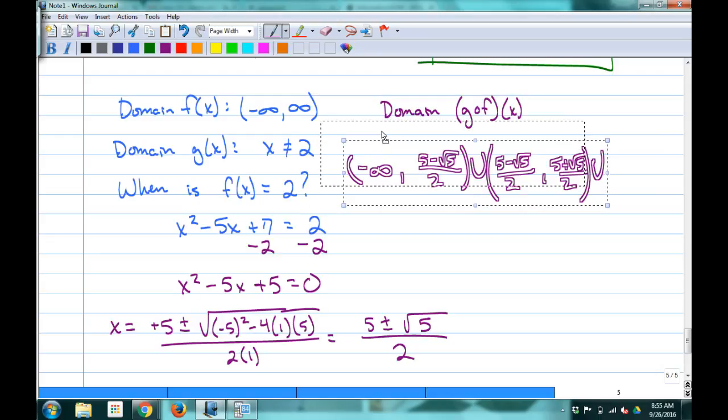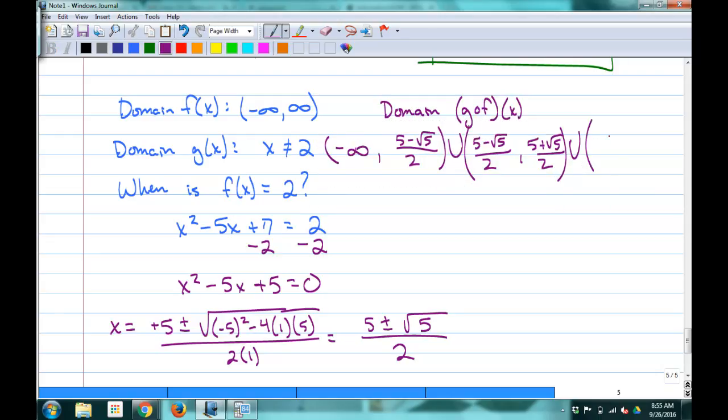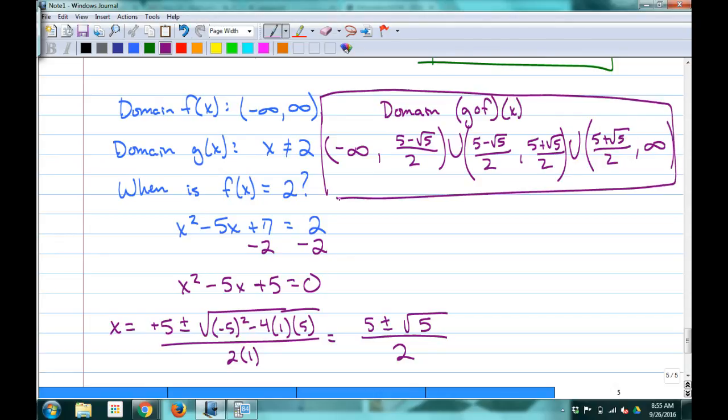I'll cheat a little bit here. And then from 5 plus radical 5 over 2 to infinity. There's our domain of our composite function. Okay. Look at your domains. Think about restrictions on what you're plugging in versus what you're plugging into.